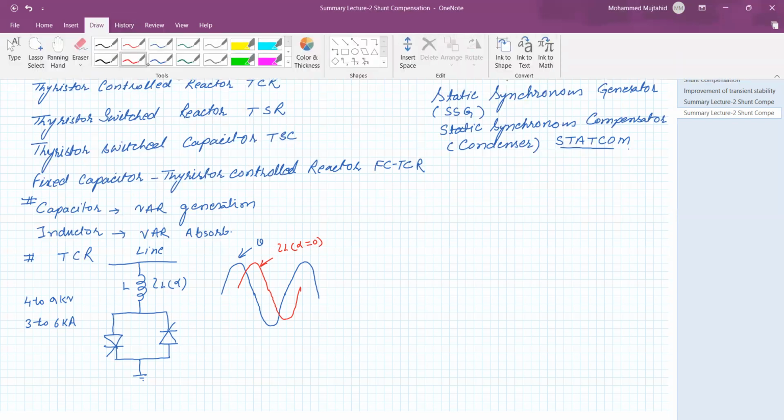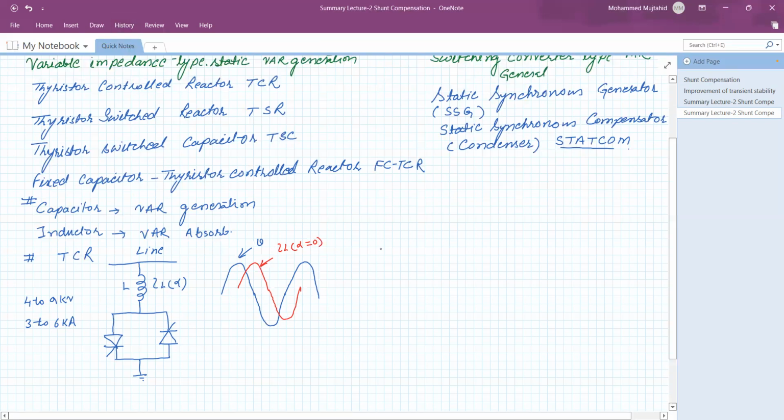Now we will provide some delay angle. Say this is the system voltage, and we provide some delay angle for one or two half cycles.